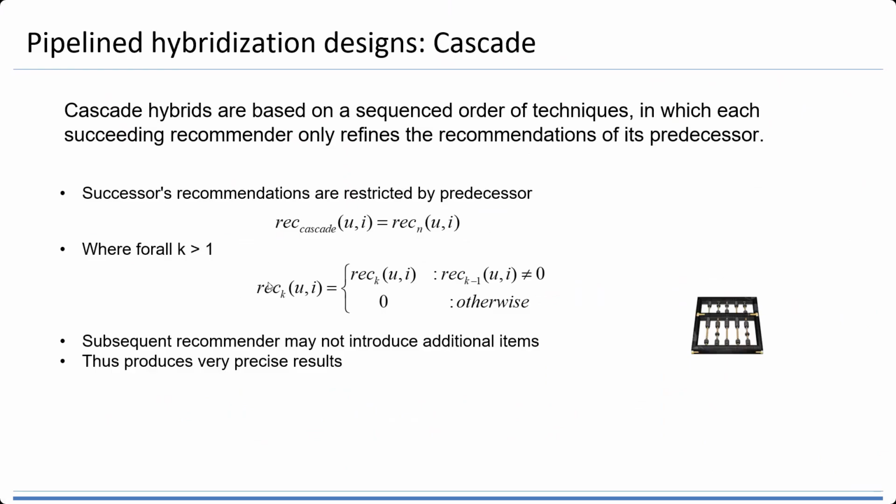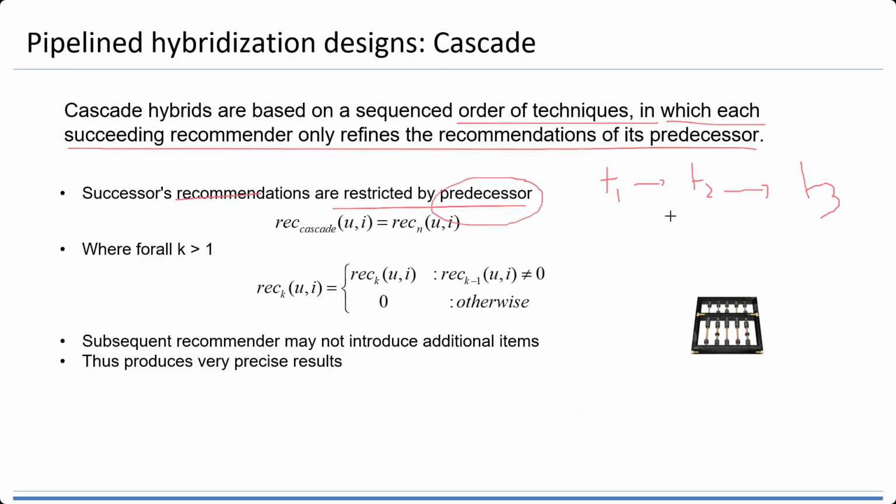Let's see the first one, cascade. The cascade hybrids are based on the sequence order of techniques. This is an order of techniques. So technique 1, and then it goes to technique 2, and then it goes to technique 3, something like this, in which the succeeding recommender only refines the recommendation of its predecessor. For example, successor recommendations are restricted by the predecessor.